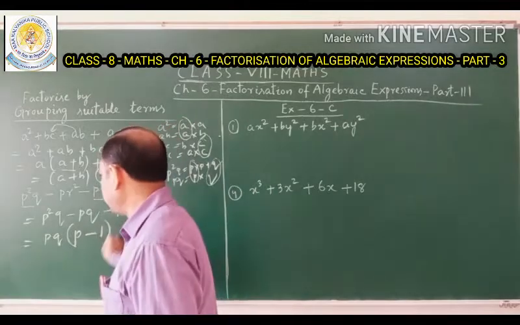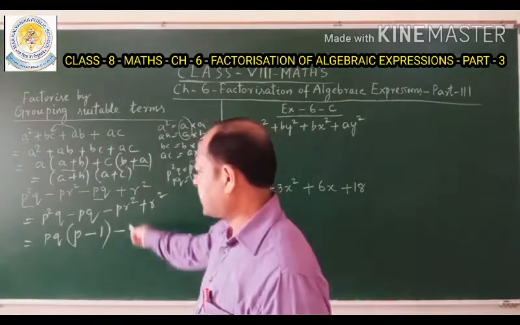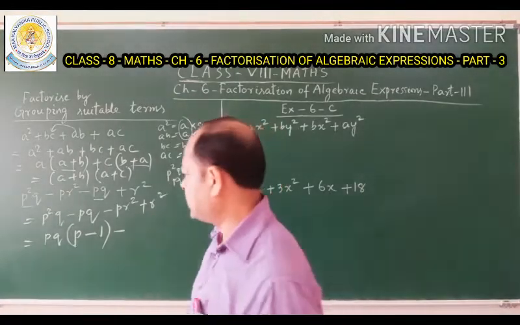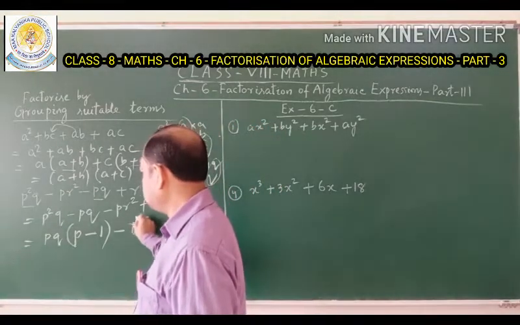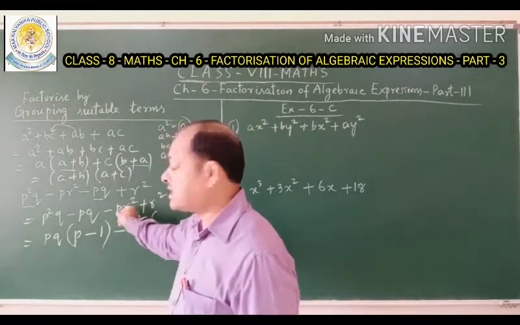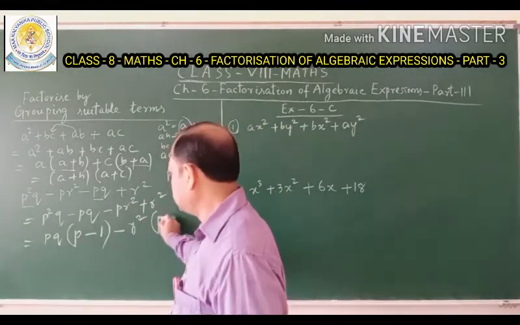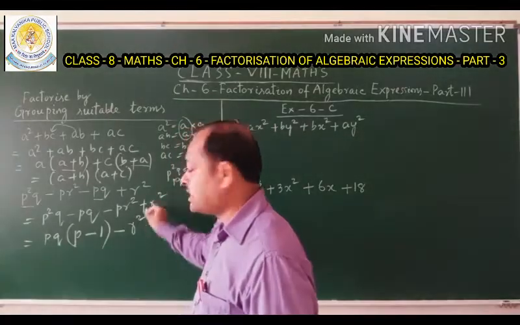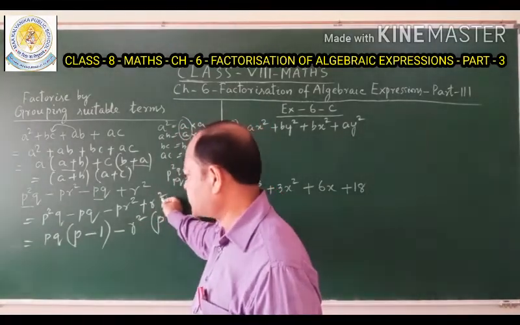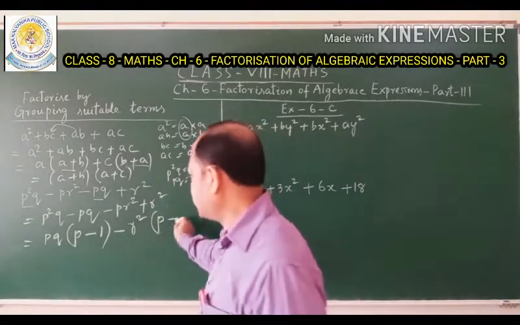Then look at the two terms pr square and r square. What is common here? Definitely r square. If r square is common, then p is left. Then minus, so put a minus sign here, and r square is common, so write 1 here.